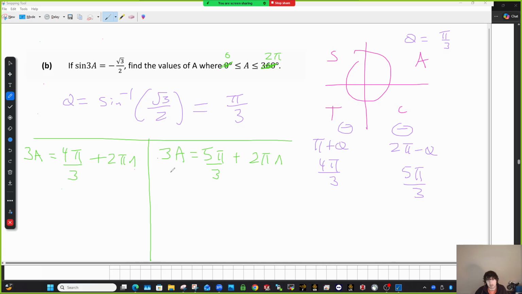That's called the general solution. Now I divide everything by 3. If you were just asked for the general solution, this would be where you'd leave your workings: a equals 4 pi over 9 plus 2 pi n over 3, and then a equals 5 pi over 9 plus 2 pi n over 3.